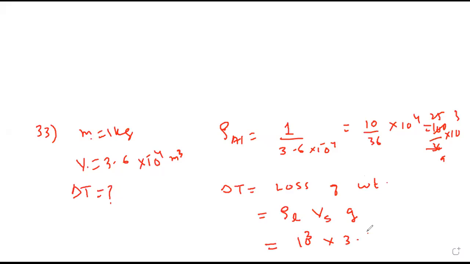Volume of solid 3.6 into 10 raised to minus 4. G is 10. 10 raised to 3, 10 raised to 1, 10 raised to minus 4 cancel. 3.6 Newton. Actually, no use of this.